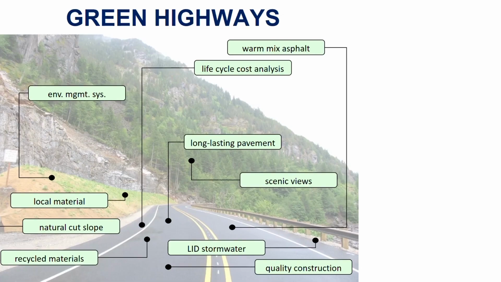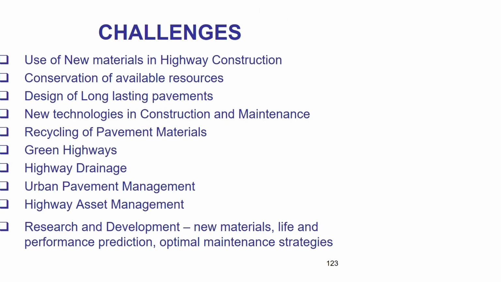So what you have learned is that we need green highways, as materials are not available. So something that you have learned is that it's time to talk about new materials in design and construction, how to conserve the materials by reducing, reusing and recycling, how to design long-lasting pavements, new technologies in construction like precast construction, recycling the materials, trying to construct green highways, improving the drainage of the facilities, urban pavement management, having white topping, how to manage the road asset is something that you have to face in the years to come.